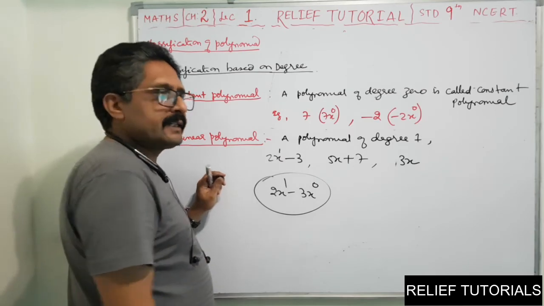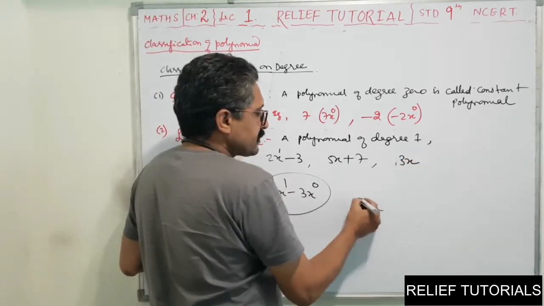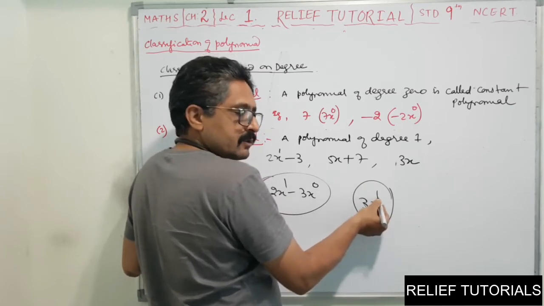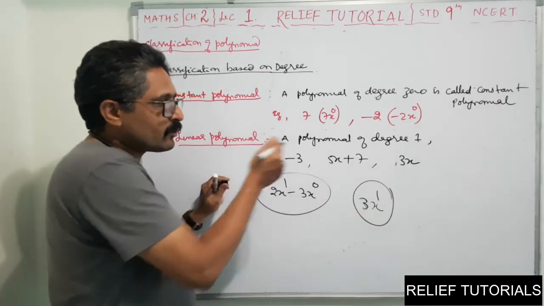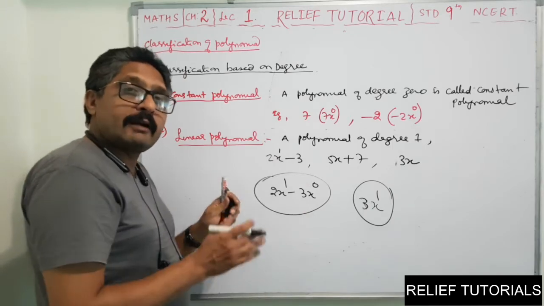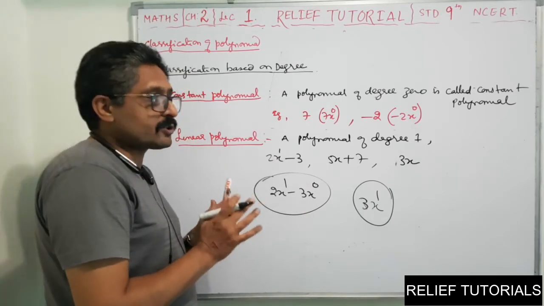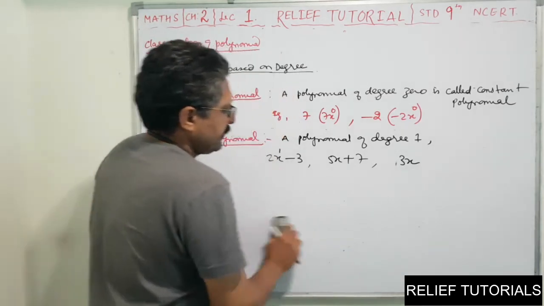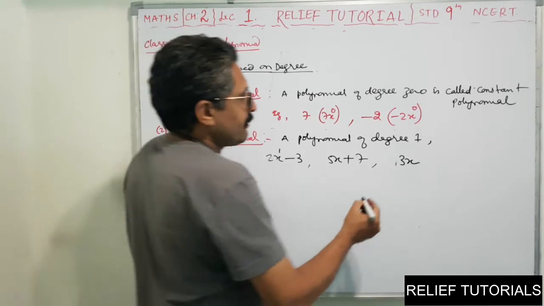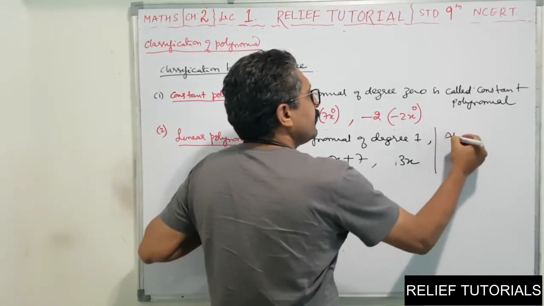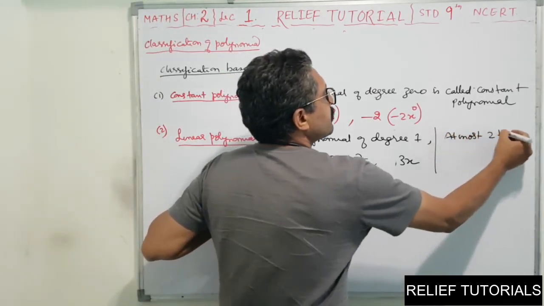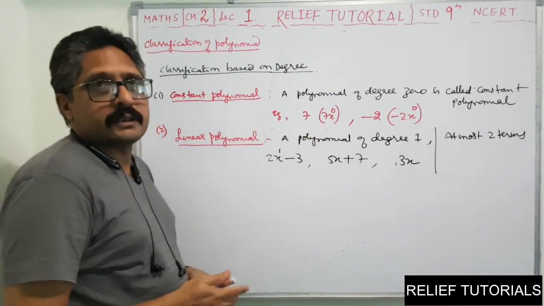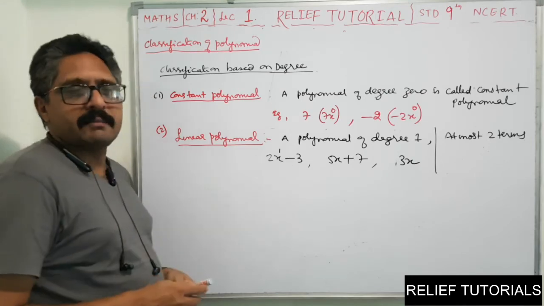The highest power is 1, so the degree is 1. So it is a linear polynomial even though it has only one term. It should have at most 2 terms. So remember this very important word, at most. Maximum 2 terms; fewer than 2 terms are allowed.